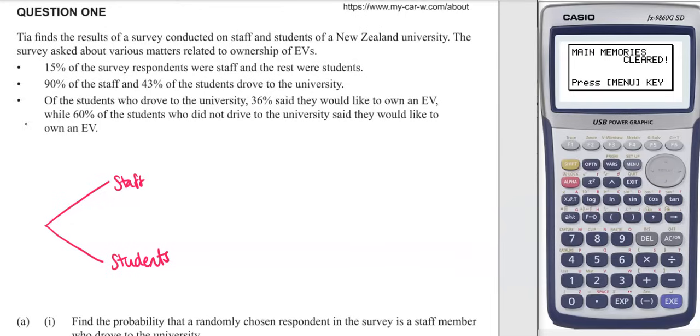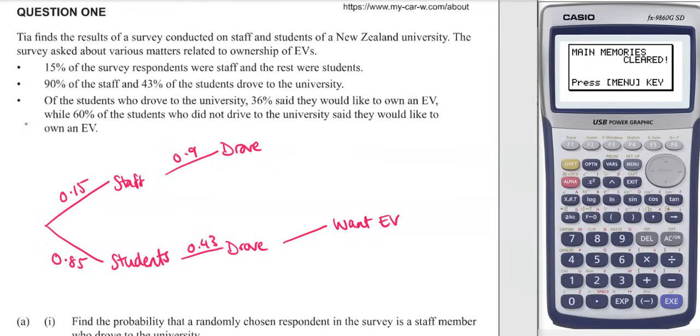So we've got 15% was staff, and so the rest would be students, making that 85%. 90% of the staff drove, so 0.9, and 43% of the students. Of the students who drove, 36% said they wanted an EV, so that's 0.36.